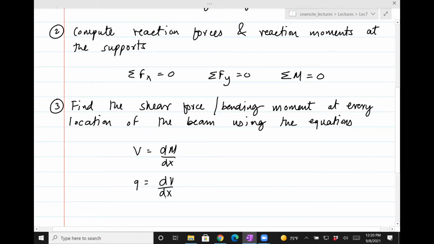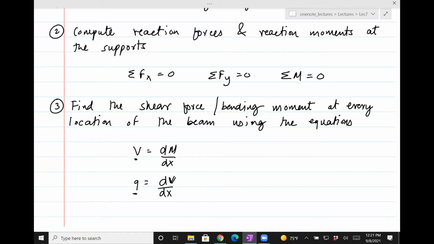Okay, now it seems very tedious to do that for every location, but it turns out that you really don't need to do it at every location. You can actually do it at strategic locations, because as you will see, the bending moment changes whenever there is an external force P, and the shear force changes when there is a distributed load Q. So as long as you see that change in the free body diagram, that's when you'll apply these equations.